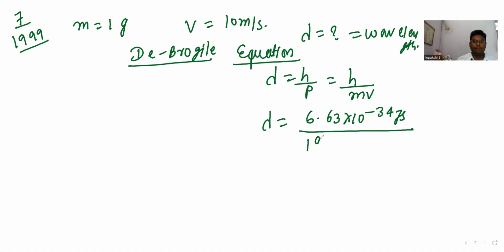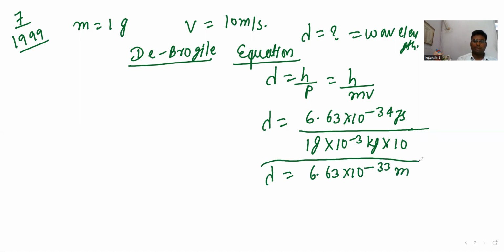Mass is 1 gram, convert into kg, so it is 10 raised to minus 3 kg, into velocity 10. Calculate the value. Lambda is equal to 6.63 into 10 raised to minus 33 meters. This is the de Broglie wavelength we had to find.